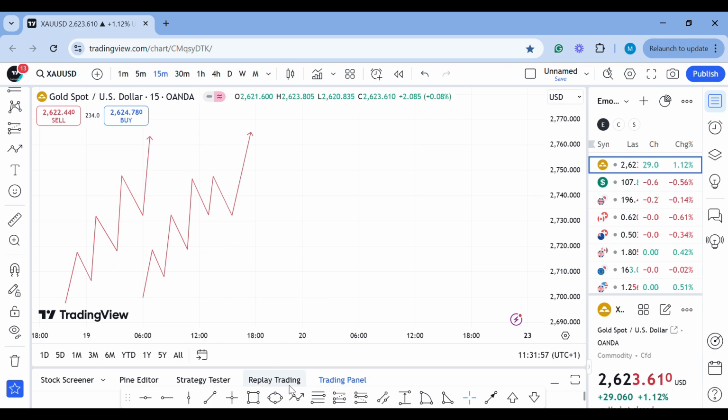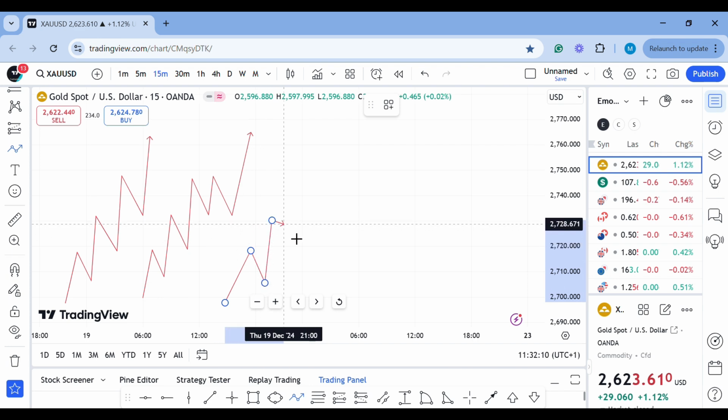Then now the third wave pattern in a bullish trend. You see something like this: a low, a high, correctional moves, an impulsive move that will break this one, then another correctional move that will respect this one, and an impulsive move that will break this one.